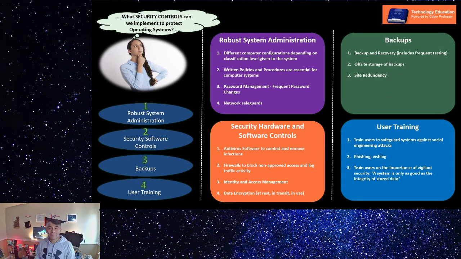Backups. Backup and recovery includes the frequent testing of the backups, the backup jobs, and the recovery or restore jobs that are part of the software that is used to back up our data.